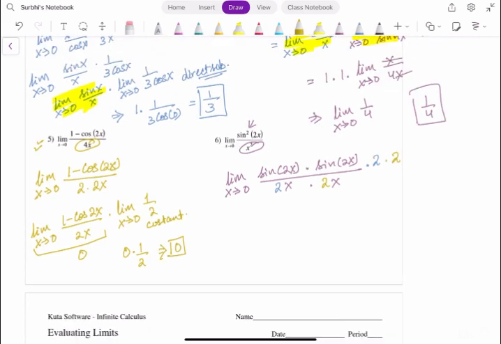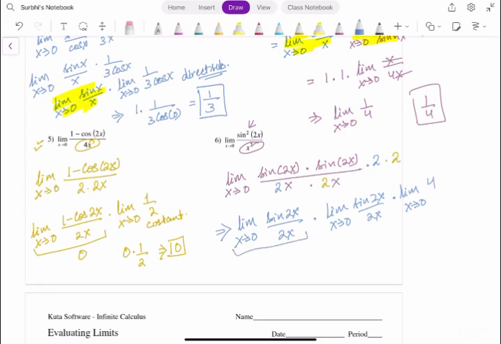Now I can write it in three different limit notations to help us understand. The limit as x approaches 0 of sine 2x over 2x, times the limit as x approaches 0 of sine 2x over 2x, and one more time the limit as x approaches 0 times 4.